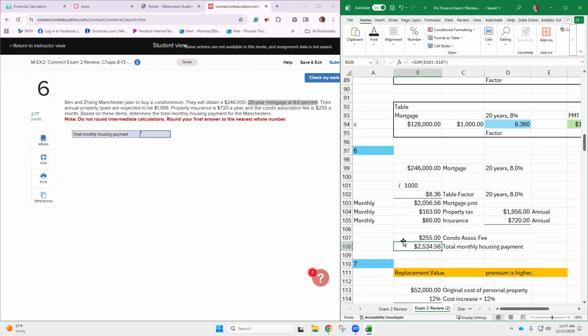That is by the month, so you don't have to change that. So if I add all four of these amounts together, I get a total monthly housing payment of $2,534.56. So I just typed it all in and then it rounded it for me pretty nice. Let's see if this one's working or not.